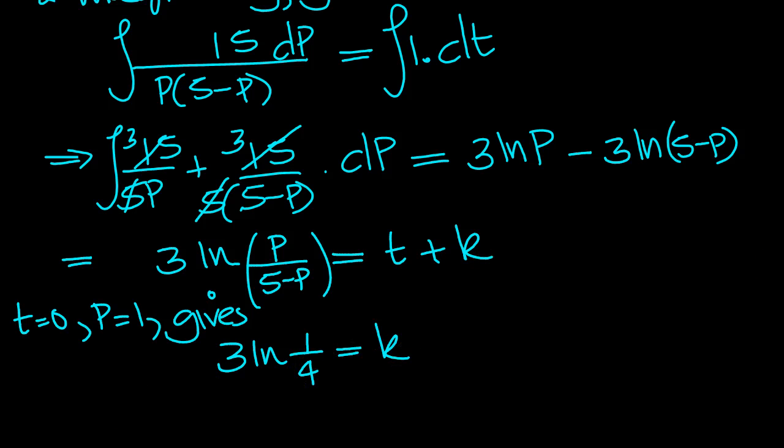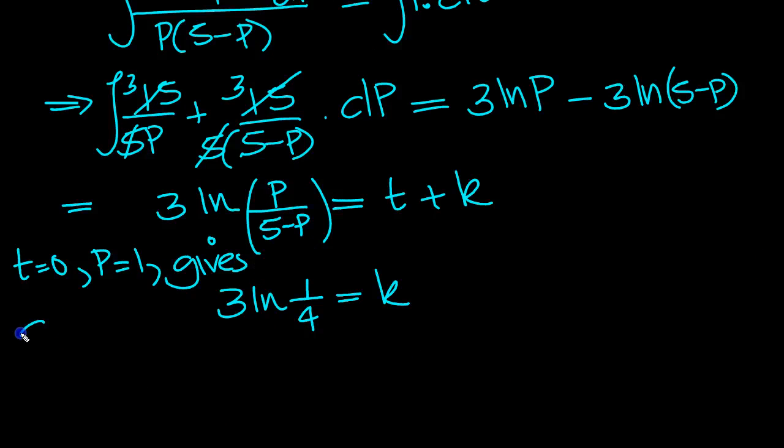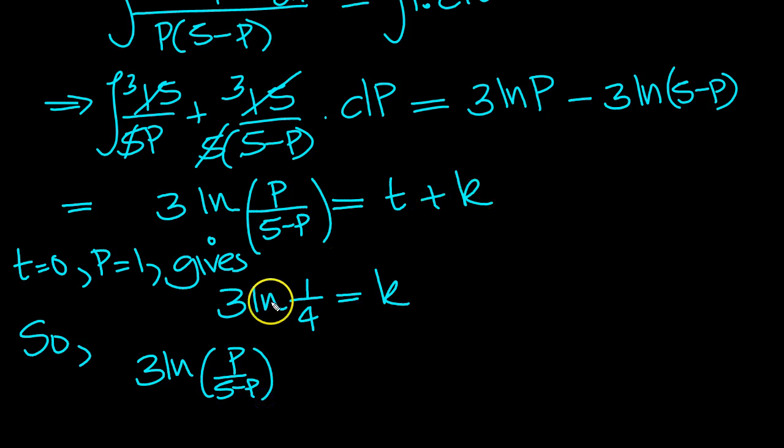So we can now write the solution then. 3 ln of p over 5 minus p. Now this k is 3 log quarter. I'm going to move that over to be minus 3 ln quarter. And that will equal t, won't it?